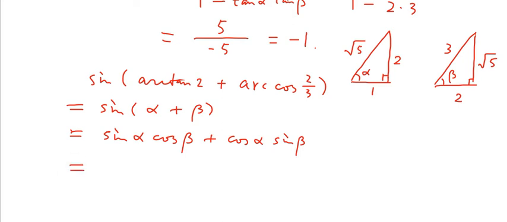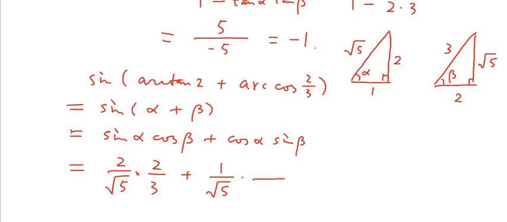Okay, so based on these two large triangles, we can easily find those values. So what is sine alpha? 2 over radical 5. Here, positive or negative? It occurs just positive. Cosine beta is 2 over 3. So multiply, okay? So plus, what is cosine alpha? Cosine alpha is 1 over radical 5.